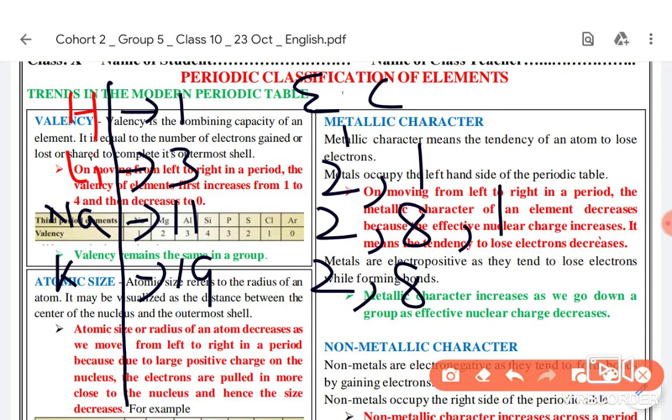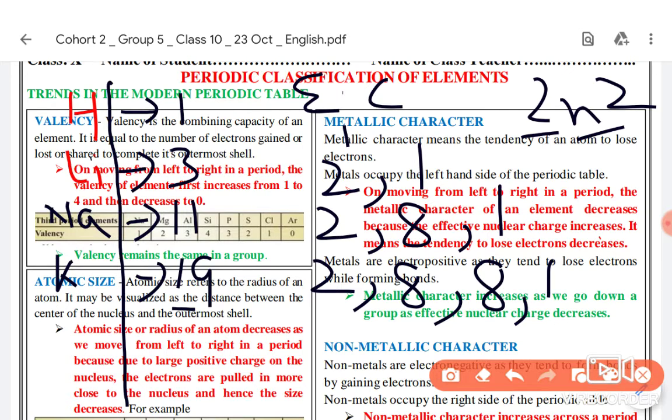If we apply the 2n square formula, that is 2 into 3 square, 2 nines are 18, so the third shell can contain 18 electrons. But if we put all the remaining 9 electrons in the third shell, then the third shell will become the last shell, and the last shell cannot contain more than 8 electrons. So we put 8 electrons here, and the last 1 electron goes in the fourth shell.